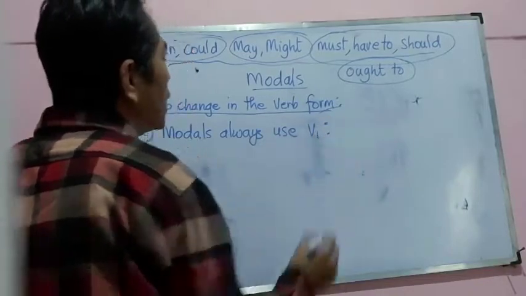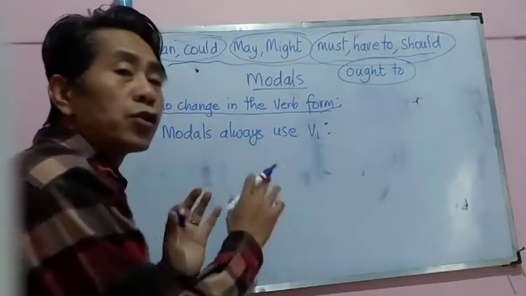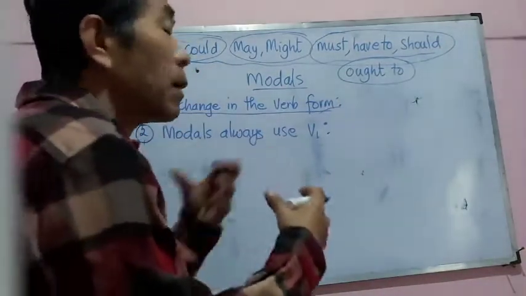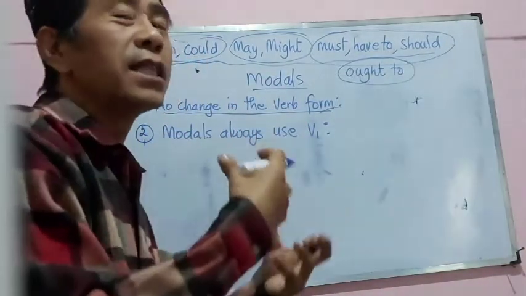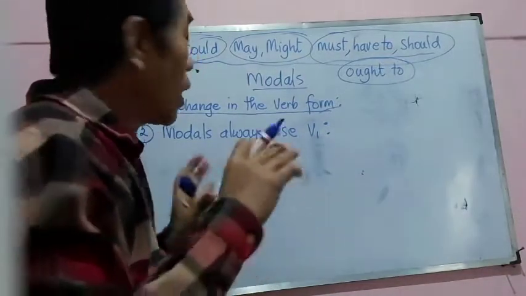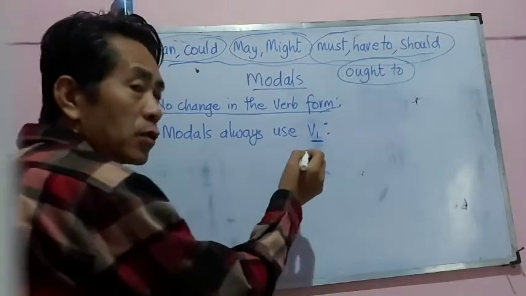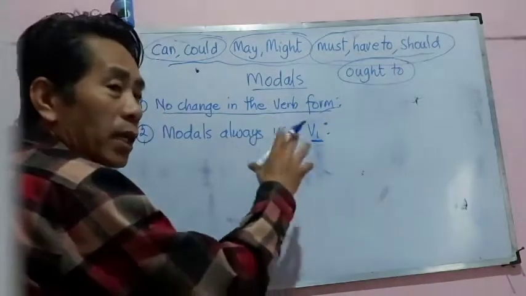The models will always use verb one. So we don't have to think about other forms, ing, ed. There's no need for us to write like this. So the model always uses verb one. That means the main verb, the root word.